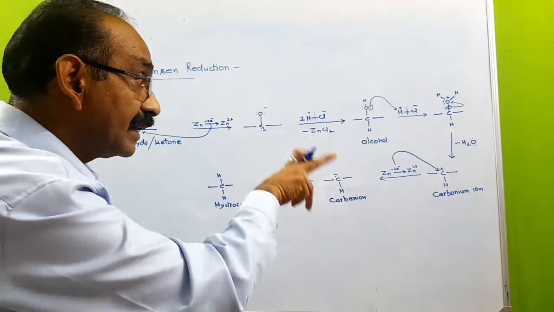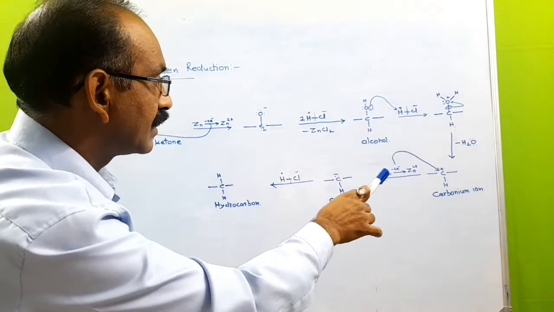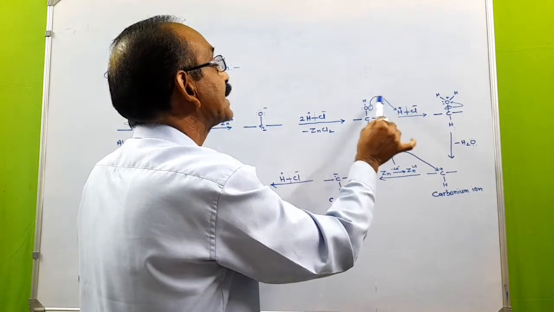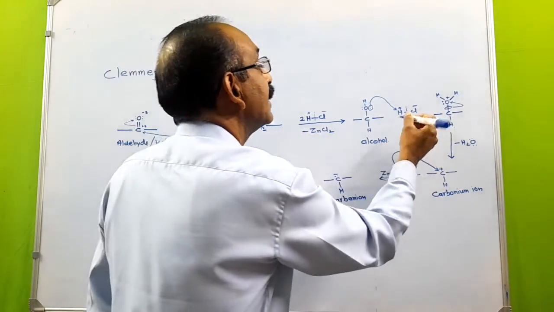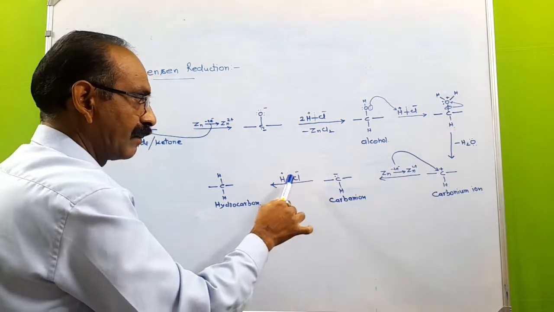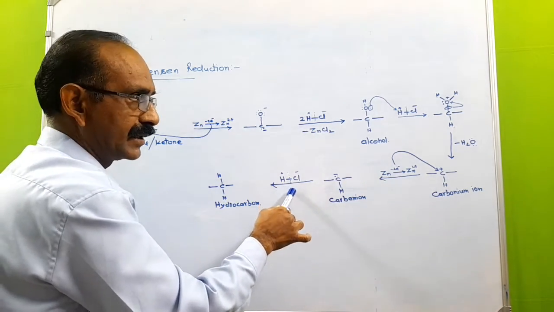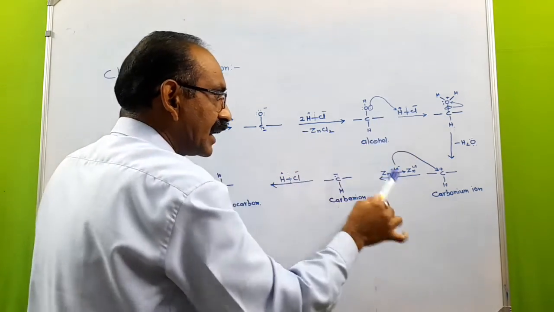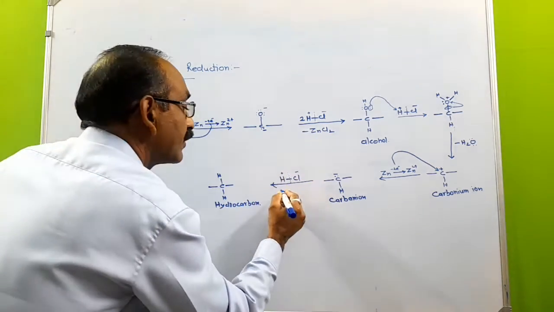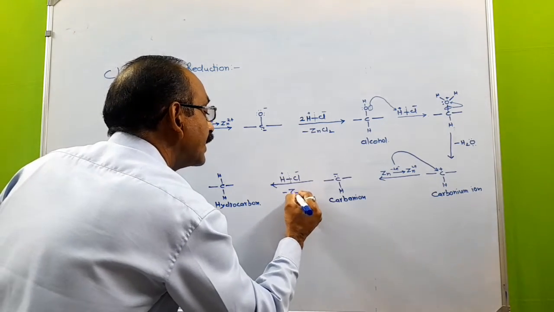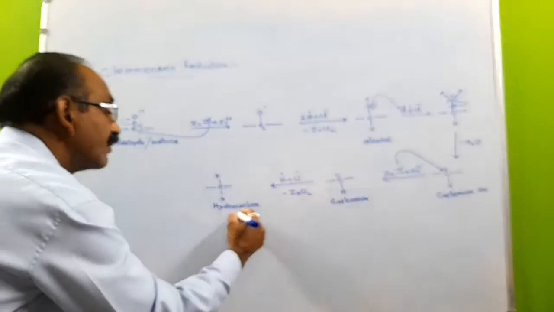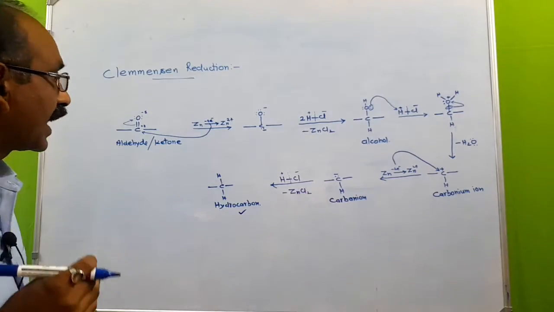See, during the protonation of the alcohol, H plus is taken by the oxygen, Cl minus is here, and in this step one Cl minus is released here. So these two Cl minus combine with the Zn2 plus ion which is formed in the reaction and will come out in the form of ZnCl2. And in this way, we will get our end product hydrocarbon.